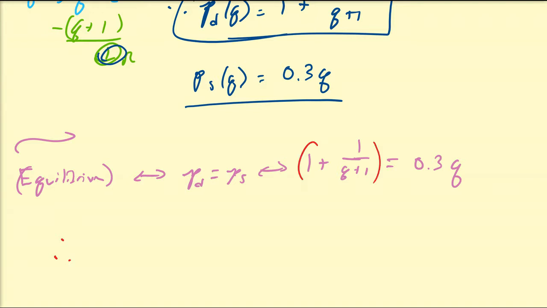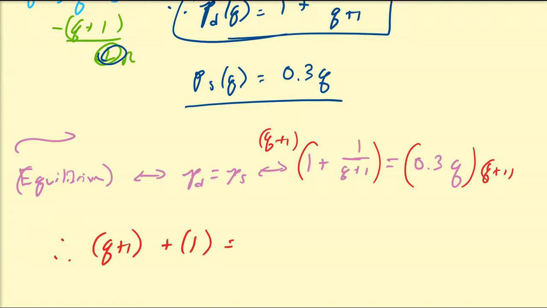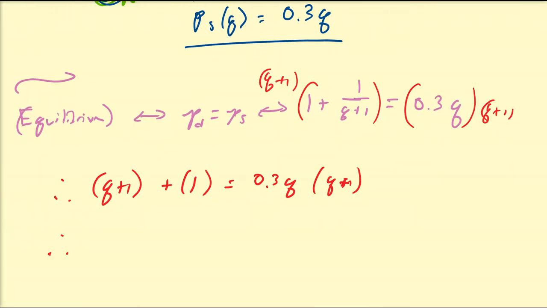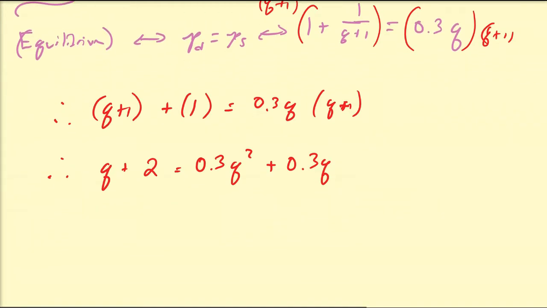I'm going to multiply both sides of this equation by Q plus 1. So I'm going to have Q plus 1 is equal to 0.3 Q times Q plus 1. That's going to give me Q plus 2 is equal to 0.3 Q squared plus 0.3 Q. So now I'm going to isolate.